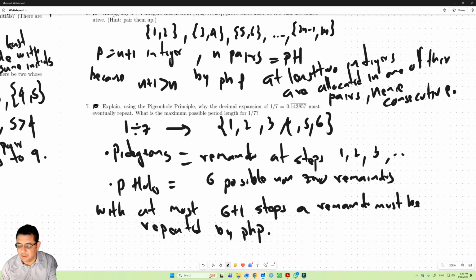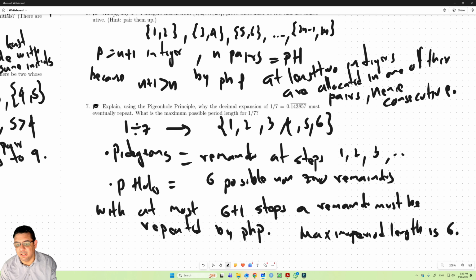So that's why the pigeonhole principle applies here, and the maximum possible period length is 6. When we see 1, 4, 2, 8, 5, 7, we are actually achieving that maximum. All right, so those are all the examples of the pigeonhole principle.